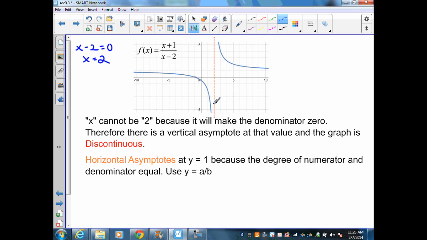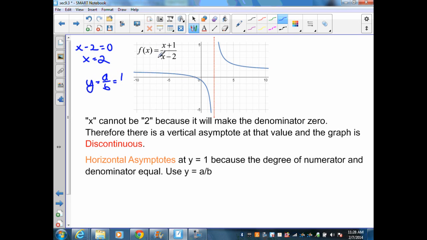Now, let's see if I have any horizontal asymptote. From a previous slide, we know the rules apply if I have a degree in the numerator equal to a degree in the denominator. And that would give me a value of y equal to a over b. In other words, the coefficient of the largest degree term in the numerator is 1.